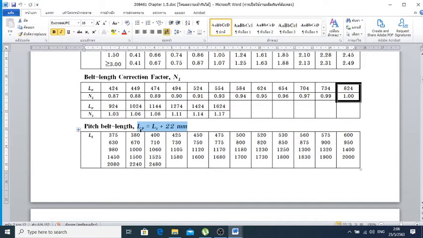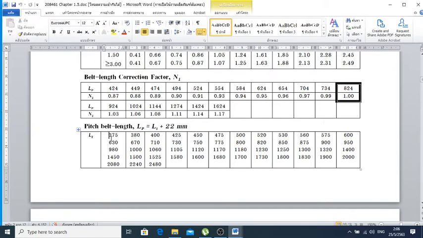So L sub P is determined from the initial L sub I, plus every 22 millimeters. That's what we've got there.